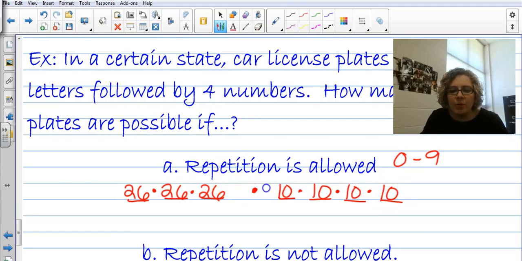And these are being multiplied. So when you type these all in your calculator, 26 times 26 times 26 times 10 times 10 times 10 times 10, you get a very large number.